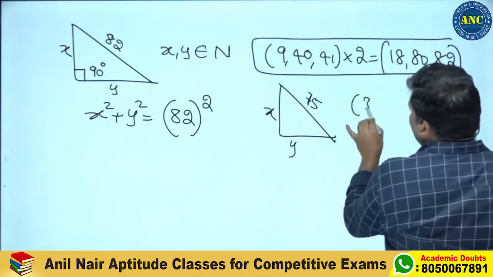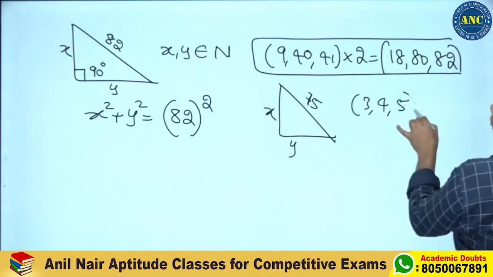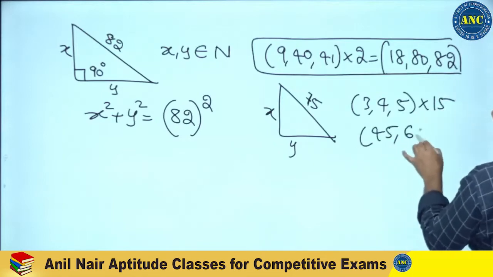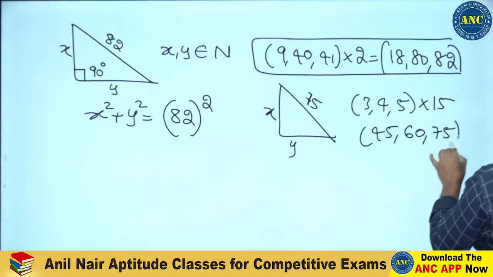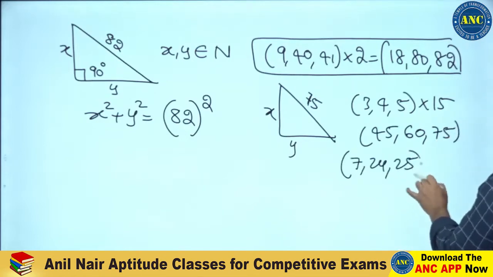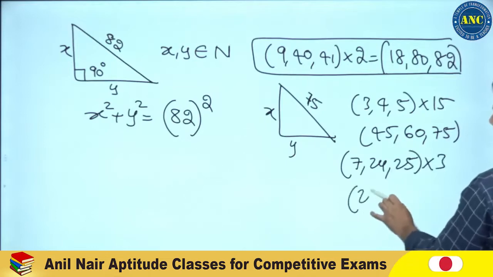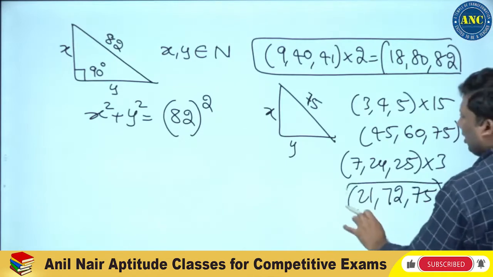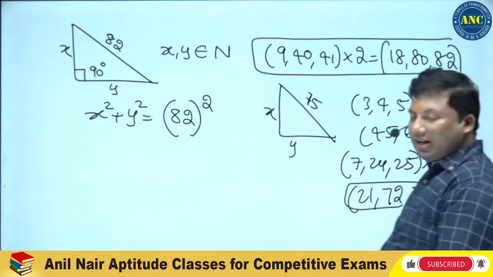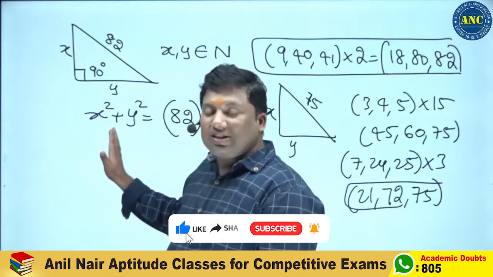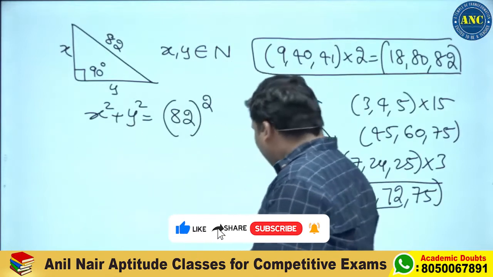One case could be 3, 45, into 15, or 45, 60, 75. Or it can also be 25 into 3. We are getting multiple cases, and there is a chance that you might miss a case. Here, if you get one case, there is a chance that you might get more cases. That is the reason this method is the right method.